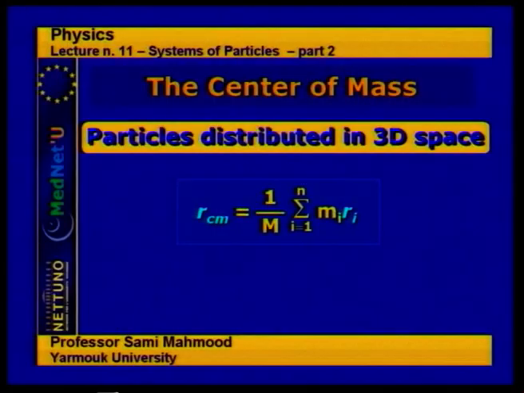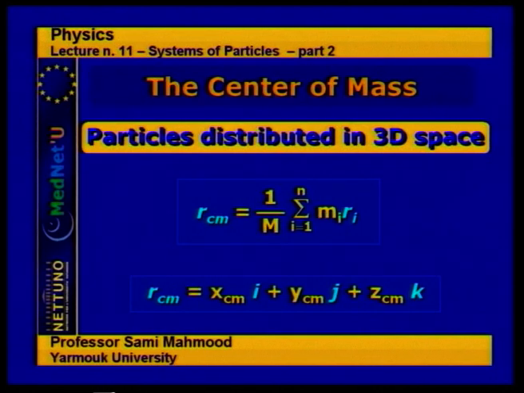We can derive that equation simply from the definition of the center of mass, the position of the center of mass. We know from previous discussion that the position of the center of mass, R sub CM, is equal to 1 over the total mass of the system times the summation of the mass of particle i times its position, r_i.